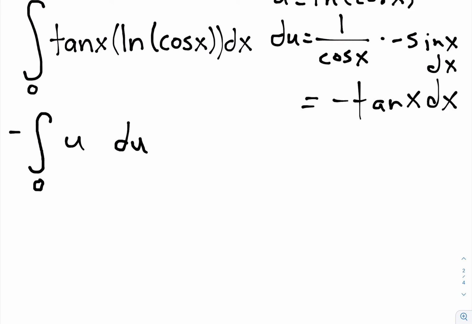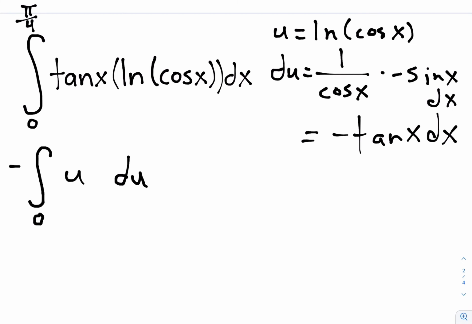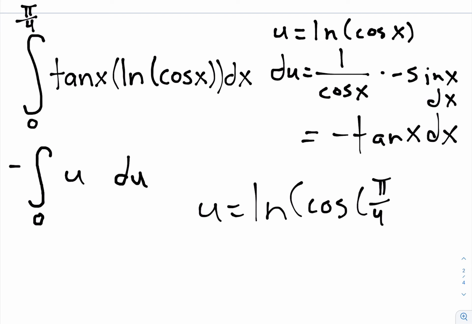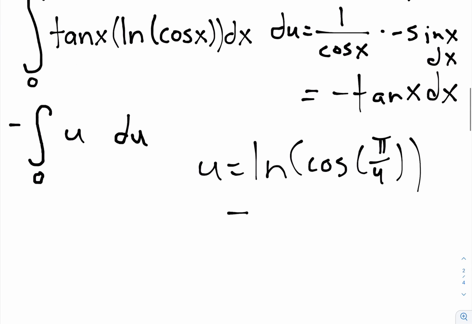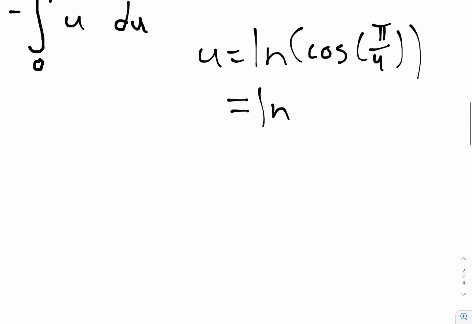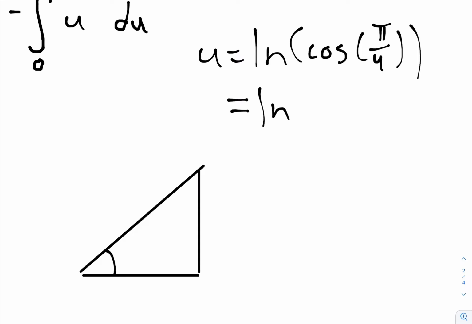Okay, and now our upper bound is pi over 4. So u is the ln cos x, so it's going to be ln cos pi over 4. Remember, cosine of pi over 4, if we have our special triangles, this is our special triangle here, and we had pi over 4.